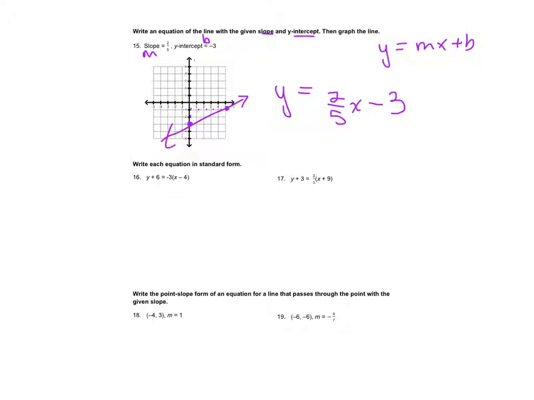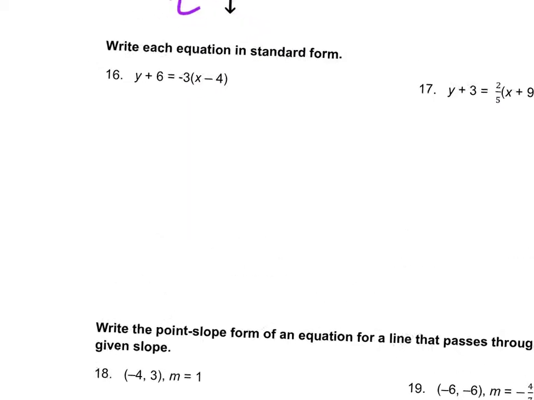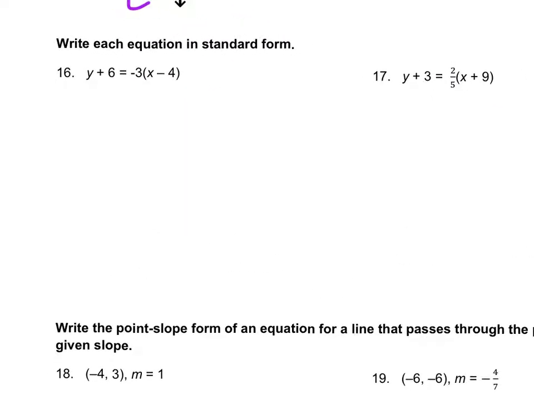Number 16 and number 17, write the equation in standard form. Okay, standard form, ax plus by equals c. The number 16 is currently in point slope, as is number 17. So if you guys remember, we're going to distribute, and we get y plus 6 is equal to -3x plus 12.